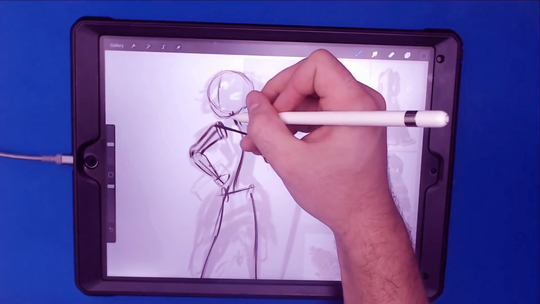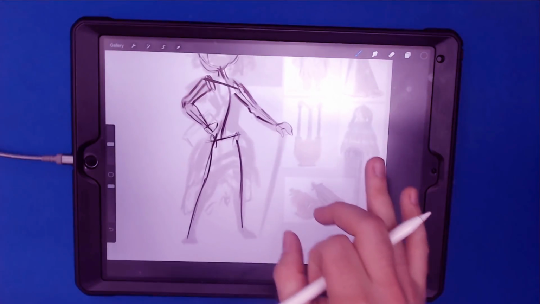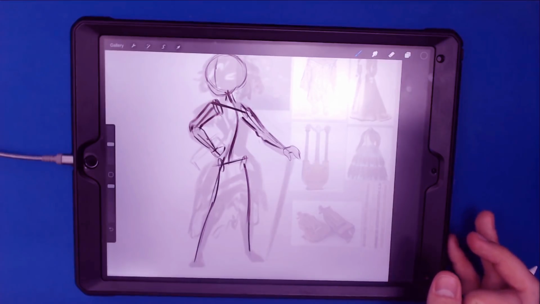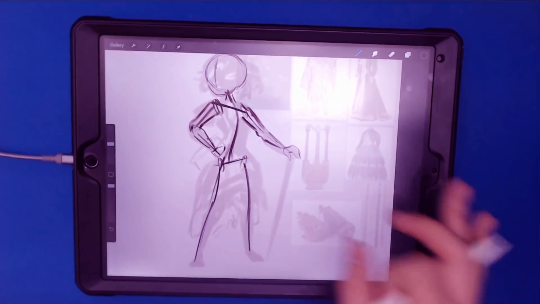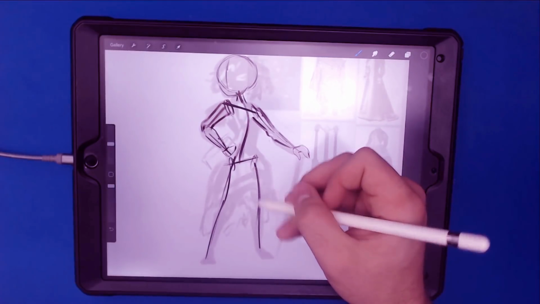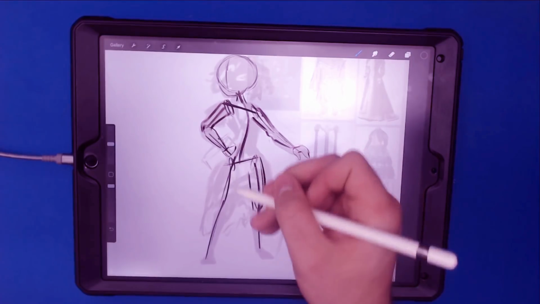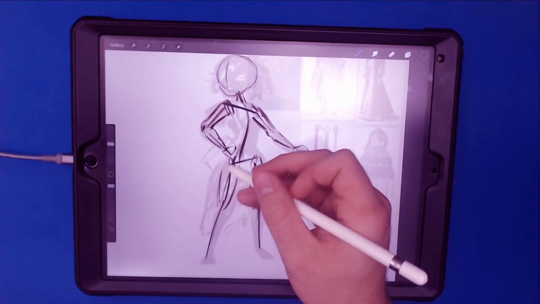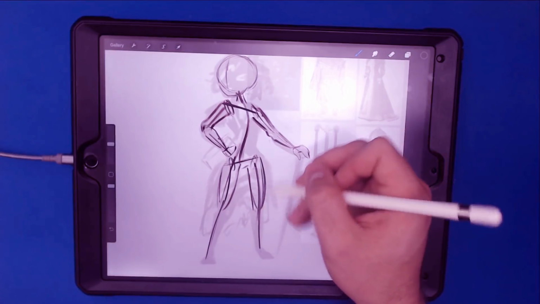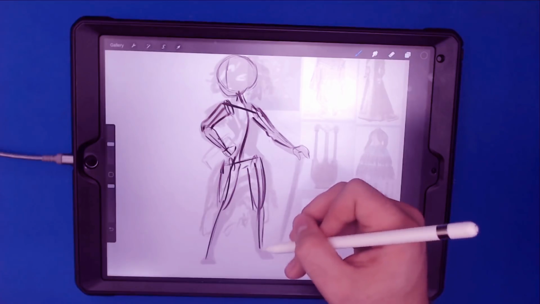Bring this neck down. And once we have this basic structure here, there are things that we can do shape language wise. I'm not going to go into it too much with her from an over-exaggerating the shapes of the body standpoint. I'm mainly going to focus on the face, the expression, and what the garment is saying about the character.